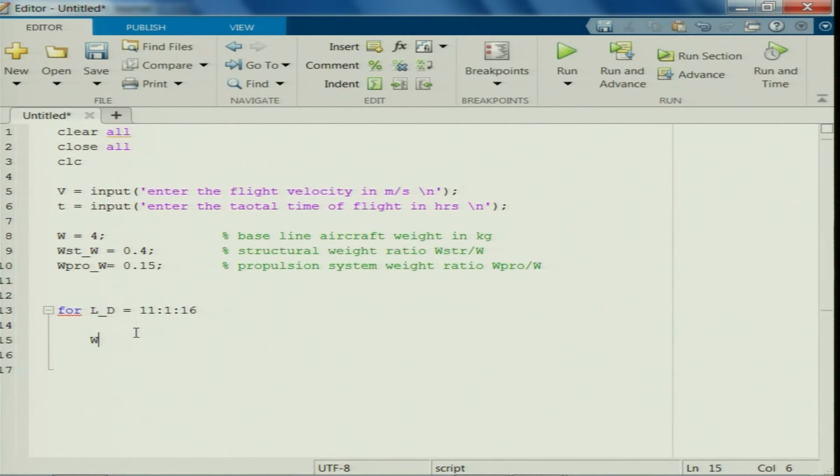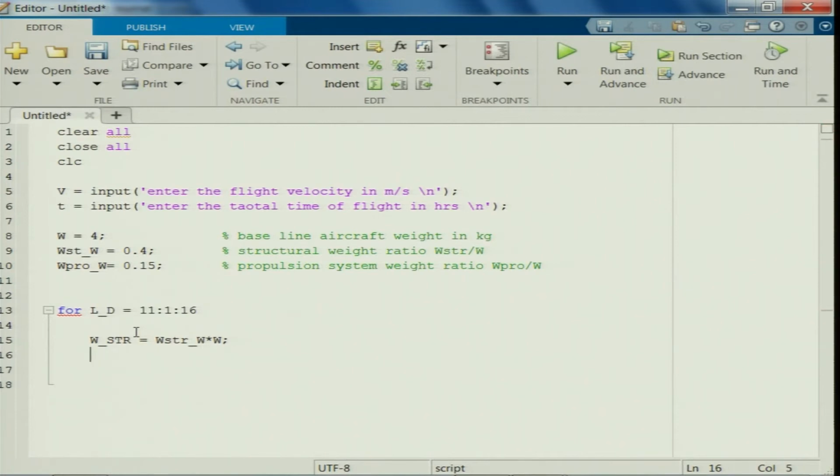W underscore STR, capital STR, is the structural weight itself, which is the structural weight ratio W_STR underscore W times W here. So, this is in kg. We are dealing in kg right now.